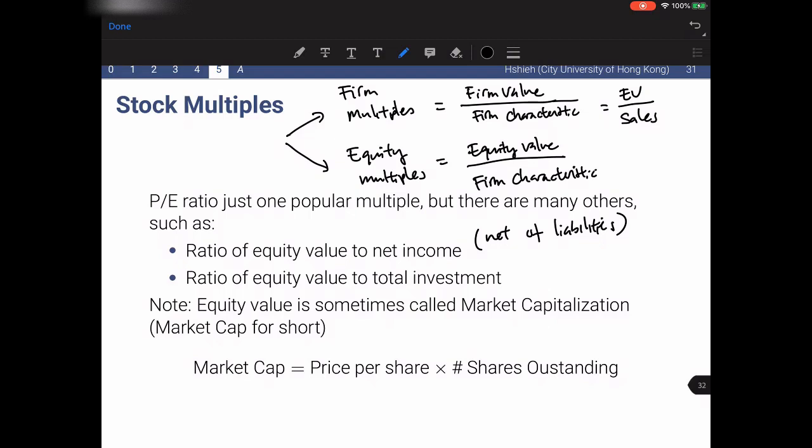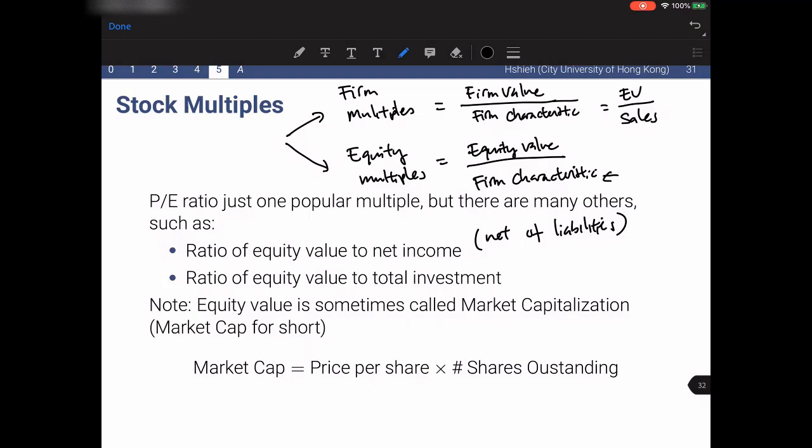And as I emphasized, when we talk about the entire firm, we have to ensure that this firm characteristic can be claimed by all stakeholders. Sales is essentially revenue, and all stakeholders can make a claim on revenue. It would be incorrect, or misleading, if you were to use equity multiples and divide equity value by sales. It would be problematic.